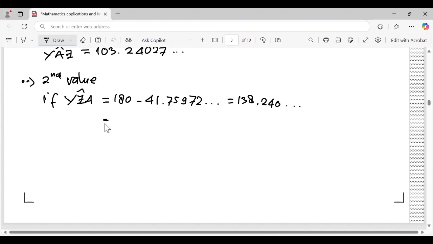So it equals angle YCA, okay, this one angle YCA.